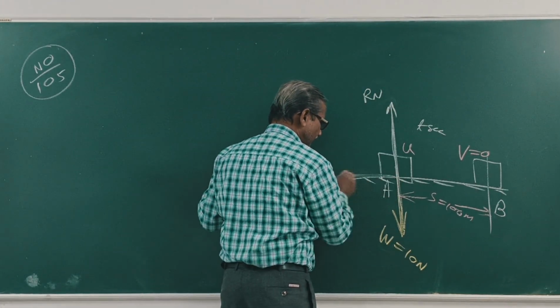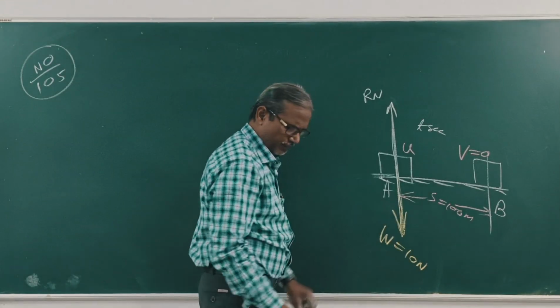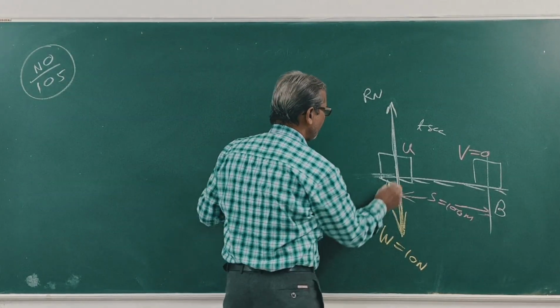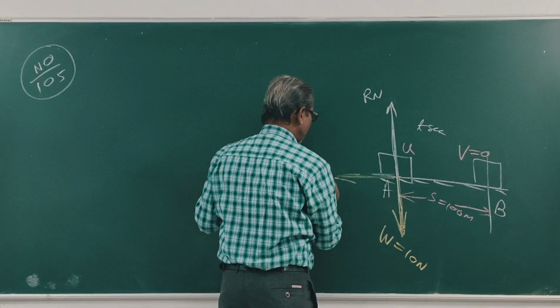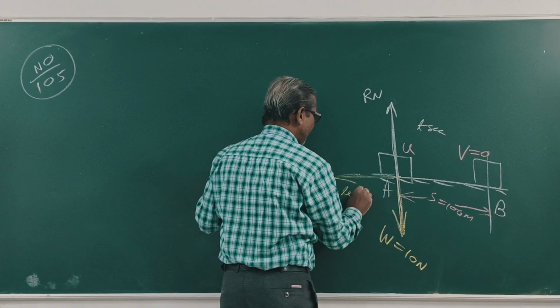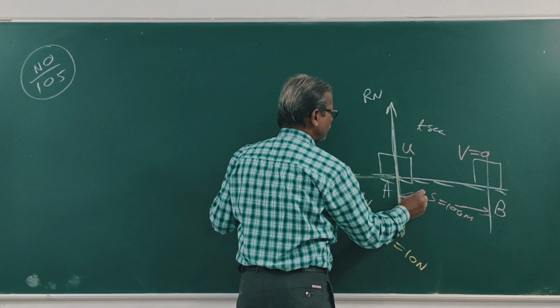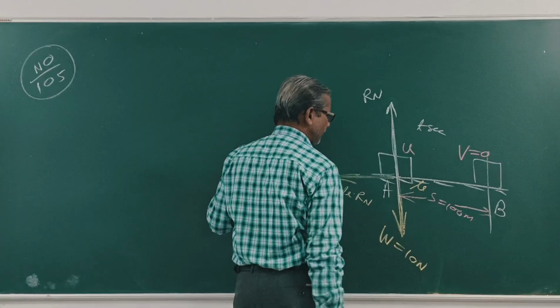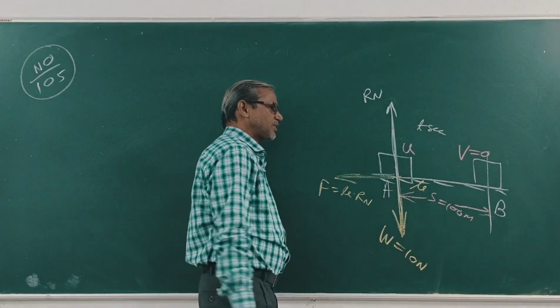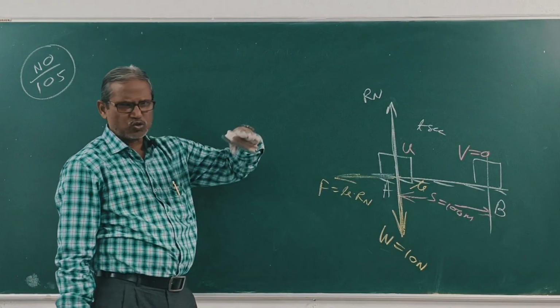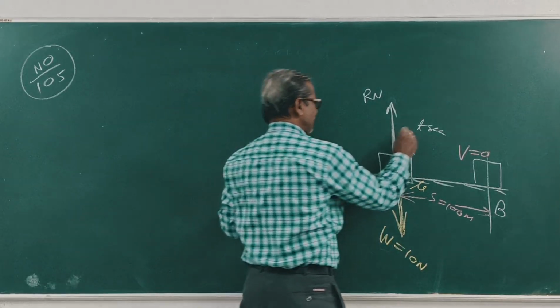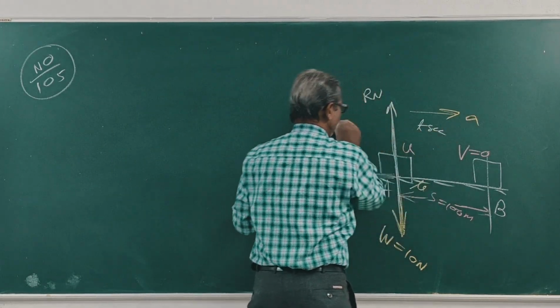This is F. What is F equal to? Mu Rn. This is mu. What is mu equal to? Coefficient of friction between the block and the road surface. Again the block moves towards right, so this is acceleration A, this is Ma, accelerating force Ma.